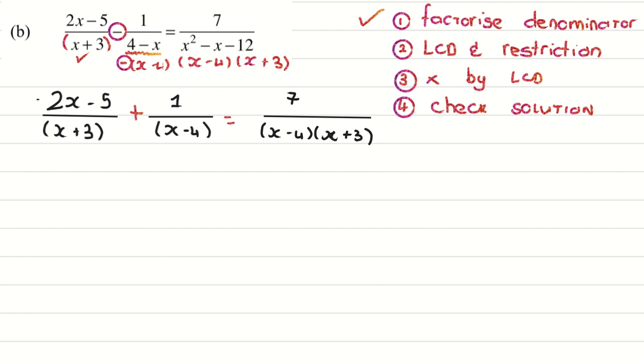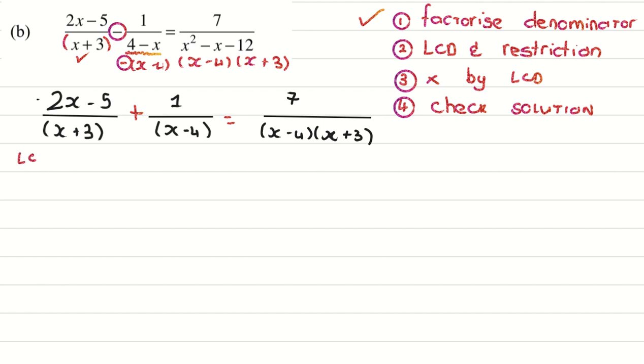Because the x plus 3 and the x minus 4 is reflecting in the 7 over x minus 4 and x plus 3, okay? So now that we have our factorized denominator, we need to write down our LCD and our restriction, okay?